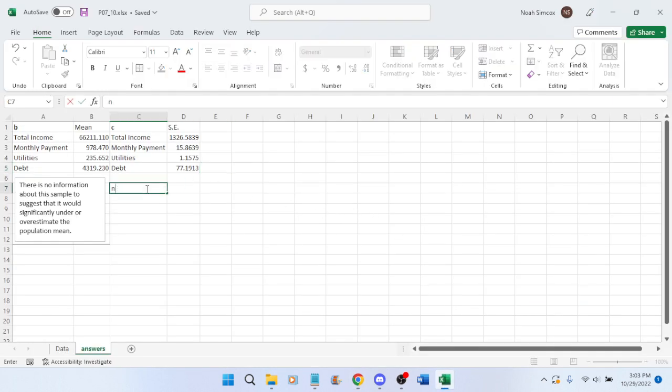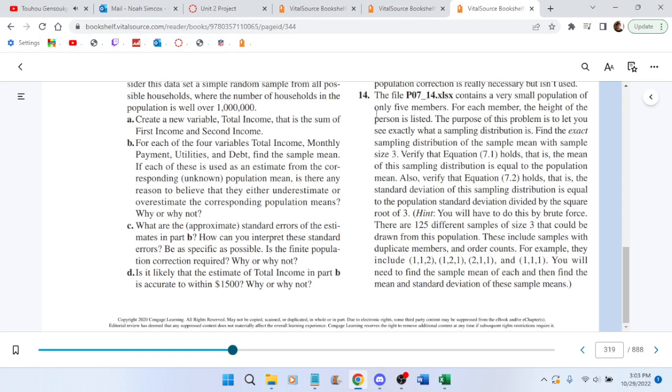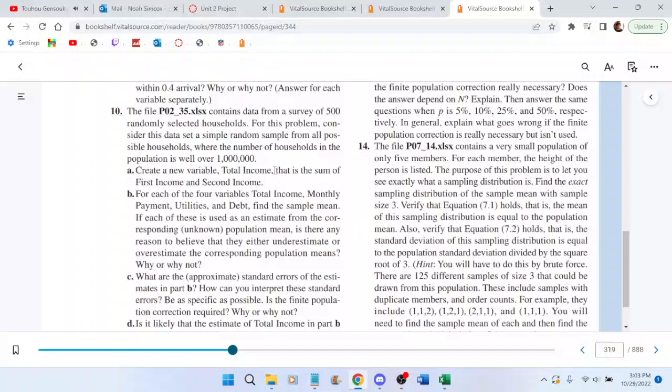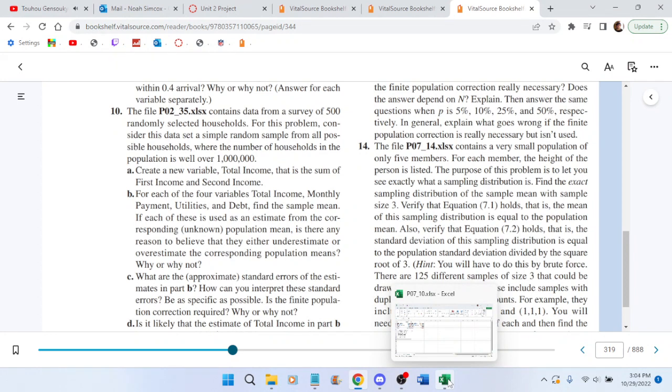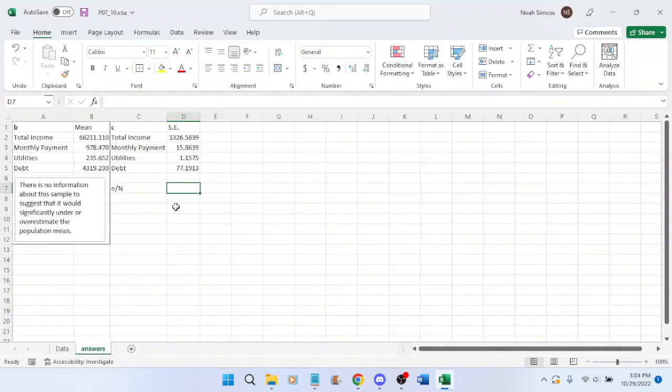So the population, 500 divided by a million. This percentage is such a tiny percentage.